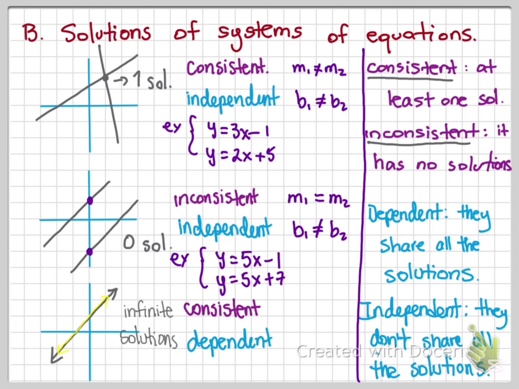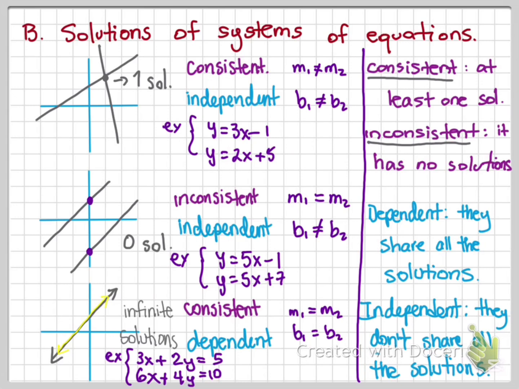In the last example, the m's are going to be the same and the b's are going to be also the same. Now you might think, but that's the same line. Well, yes and no, because the way that they're going to give it to us, it doesn't look like it is the same line. So look at this example. In this case, they're not the same line. 3x plus 2y equals 5 is not the same as 6x plus 4y equals 10.